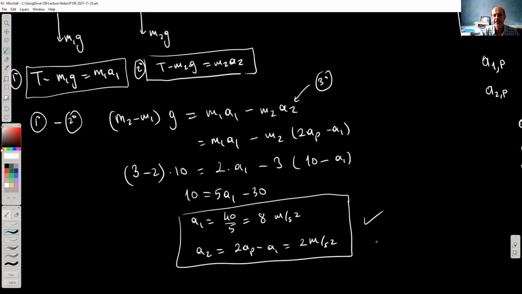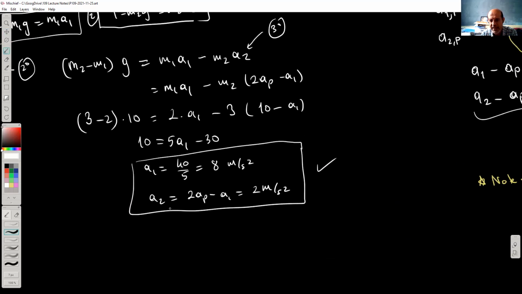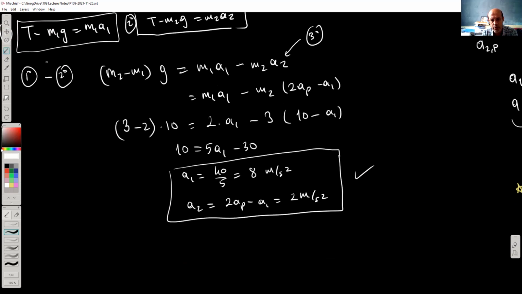But here, I didn't have to change to an accelerated reference frame for deriving the constraint relationship. But in any case, this was the same answer here. So let me quickly compute T. Once I find this, I can use the first relationship.